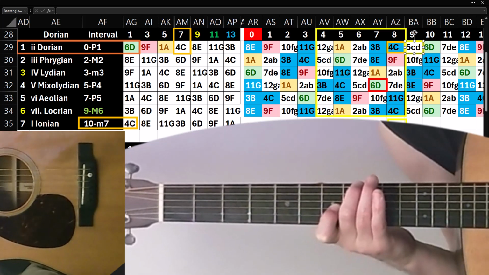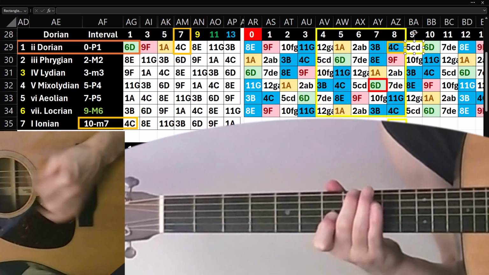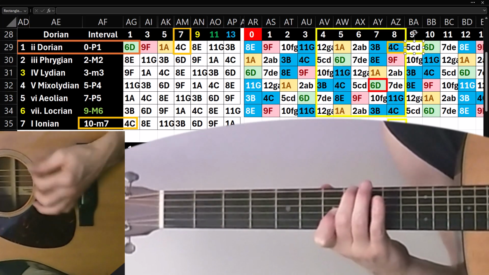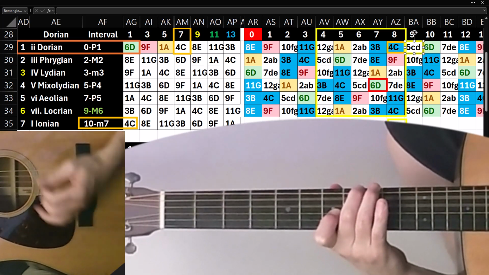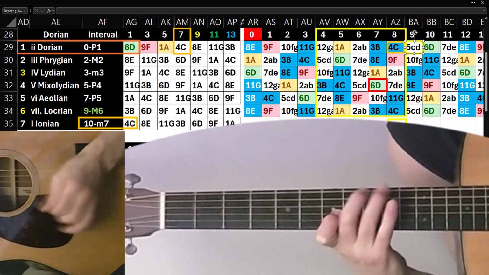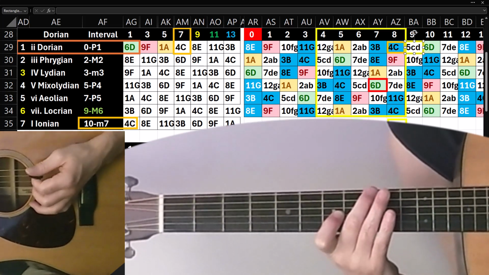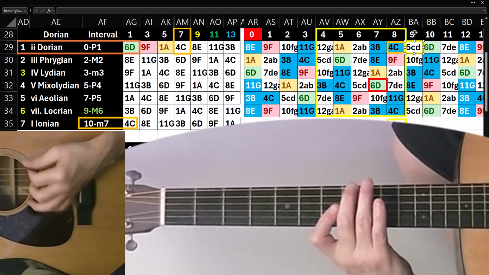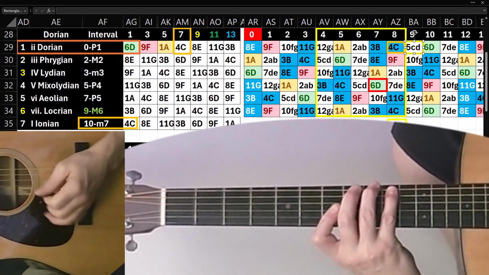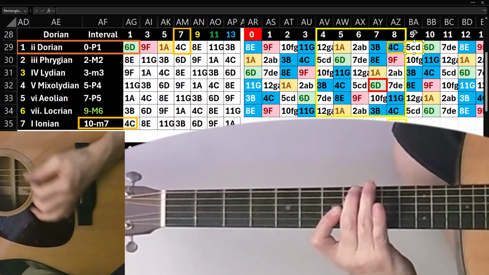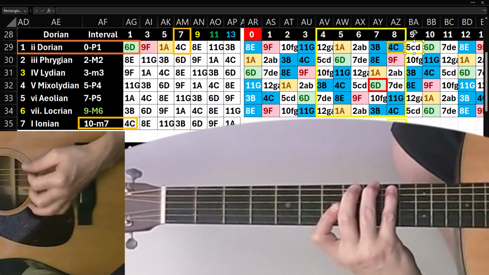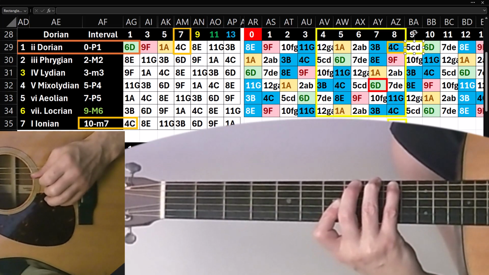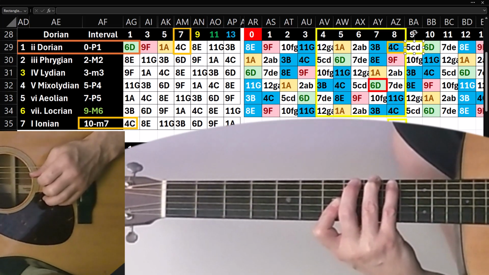So if I was reaching up like that, I could try to smear it, or I can try to mute those strings somehow. I'm still ringing out this one, which is the D, which might be okay because I'm on the D. That's the double root.